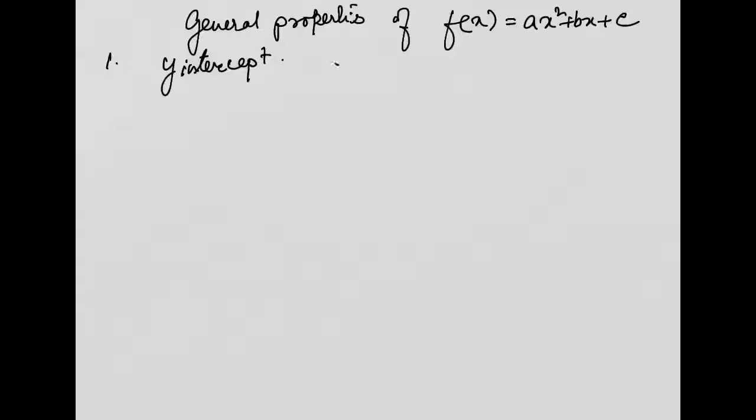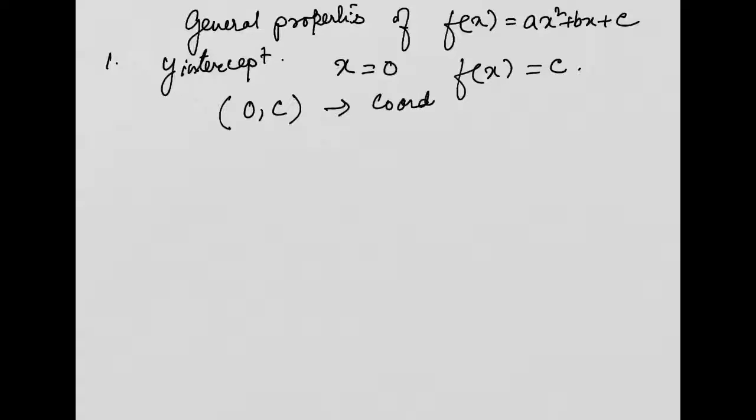So, if we consider x equals 0 and put the value 0 in place of x, we find that f(x) equals c. Then the graph passes through the point 0, c. This is the coordinate of the y-intercept.